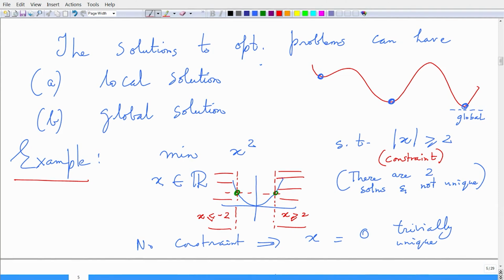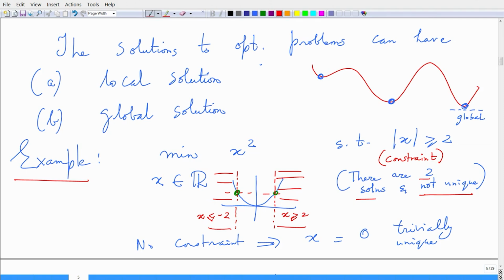There are two solutions as expected, and these solutions are not unique. However, without constraint x equals 0 is trivially unique.